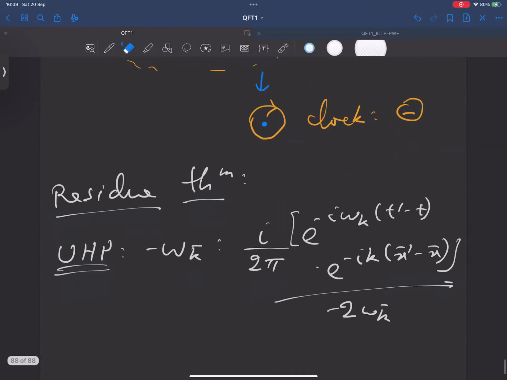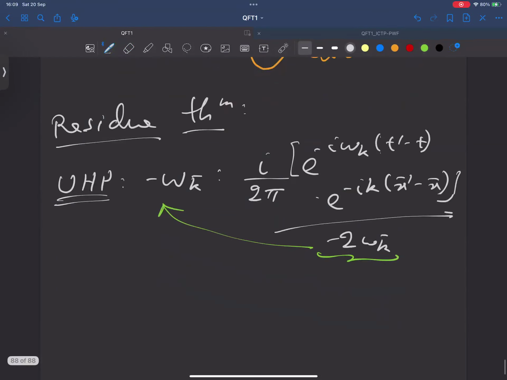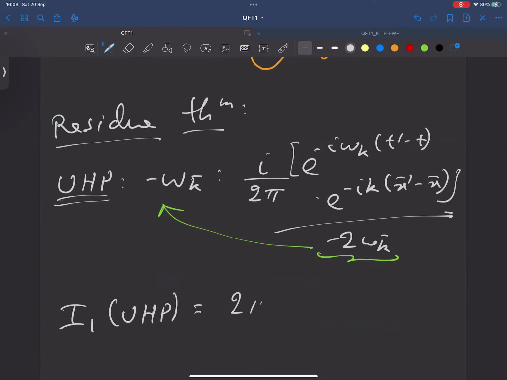This minus comes from the fact that we are evaluating the negative pole. So the residue gives this, and the integral I1, which is the upper half plane integral, is by the residue theorem 2 pi i times this residue, this quantity.